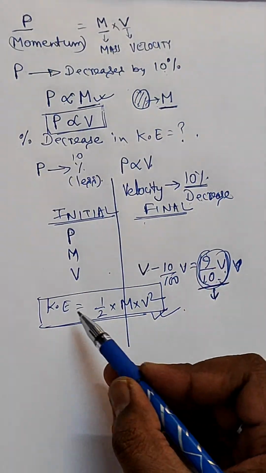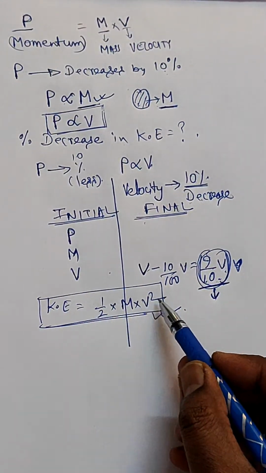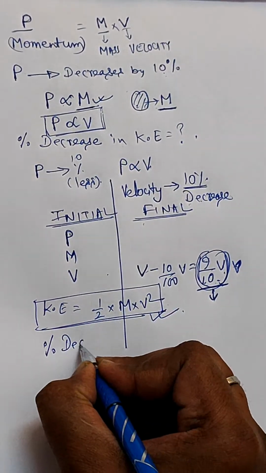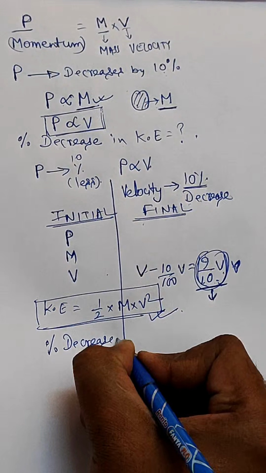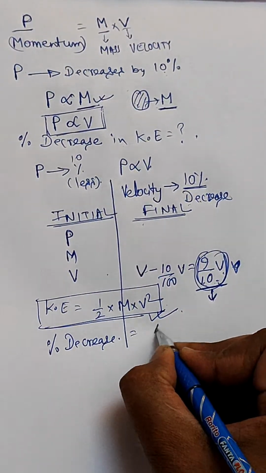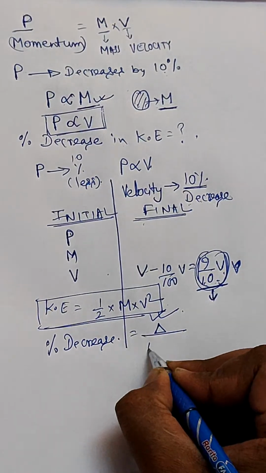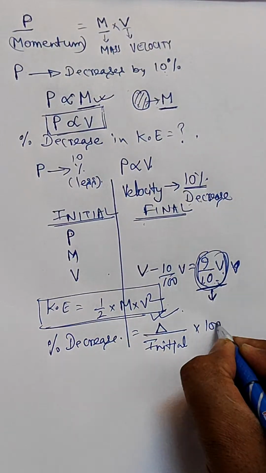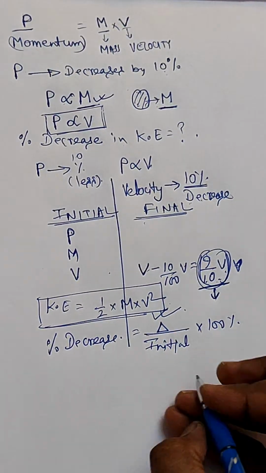If kinetic energy is half into m into v square, then percentage decrease: the percentage decrease or increase in any value is equal to delta divided by the initial value into 100%, right?